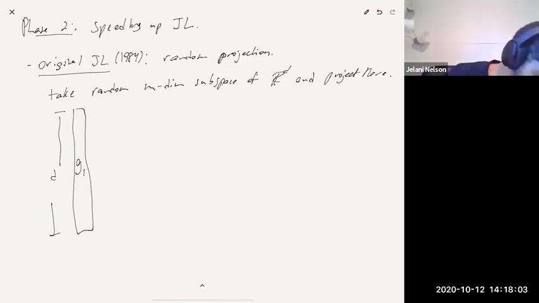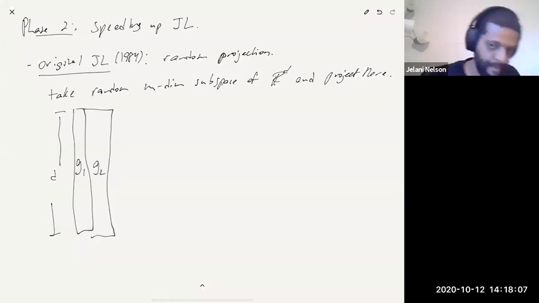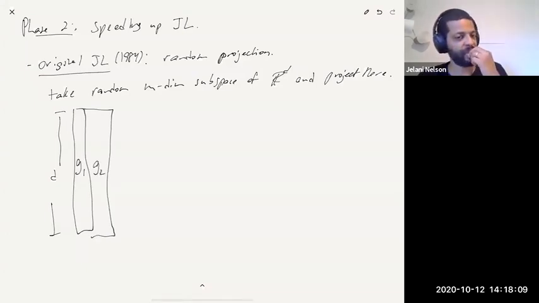Now you'd like to take another Gaussian vector. But the problem is, of course, that it might not be orthogonal to the previous one. So you project that out. You remove its projection onto the first vector. You dot it with the first vector, which gives you a coefficient, and you subtract the coefficient times G1.